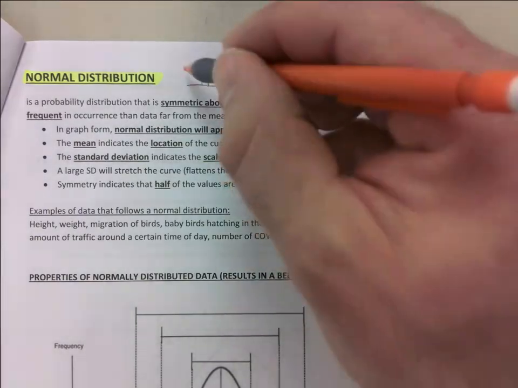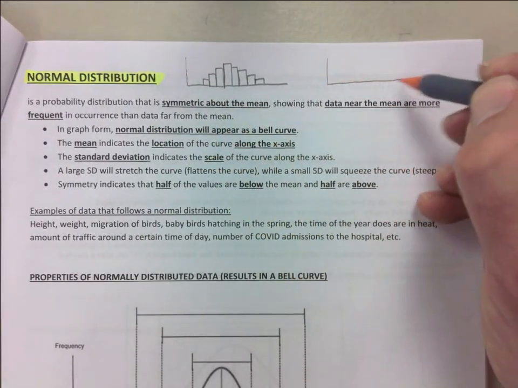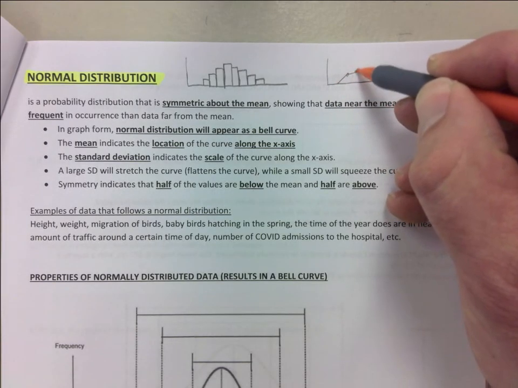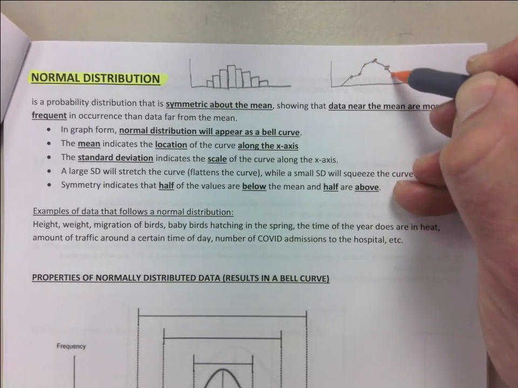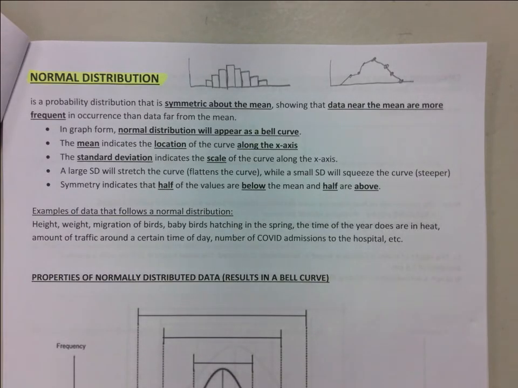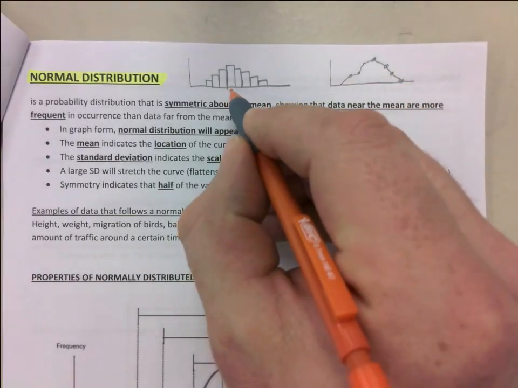If you made your frequency polygon, you would connect the dots, but you would see that this is kind of like a bit of a hill where the peak is in the center, right? The peak is at the center. So that's something that you're going to observe.